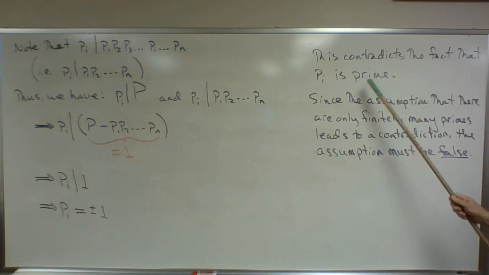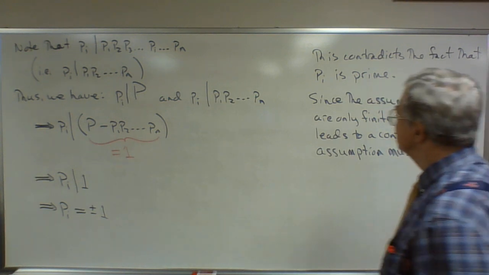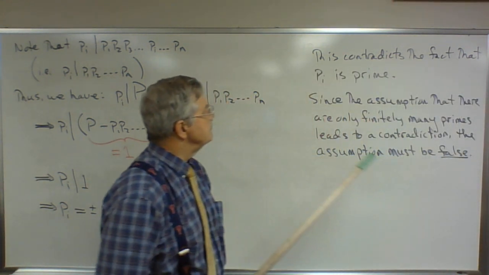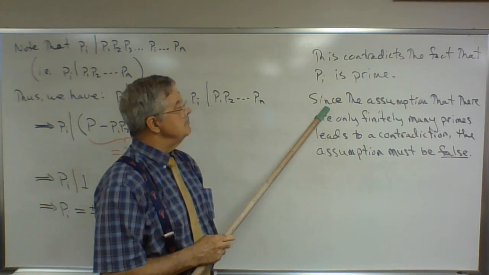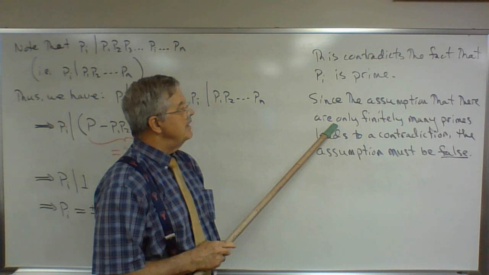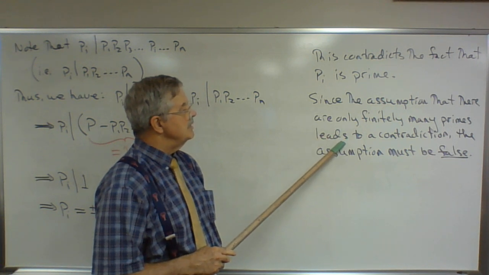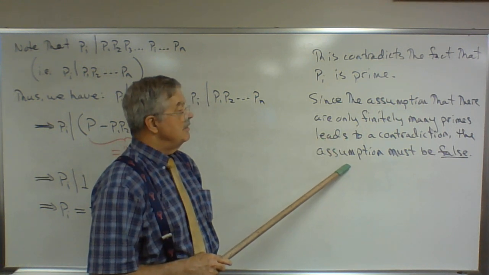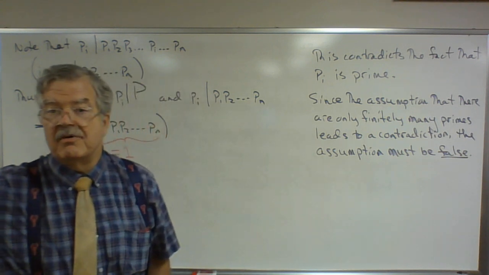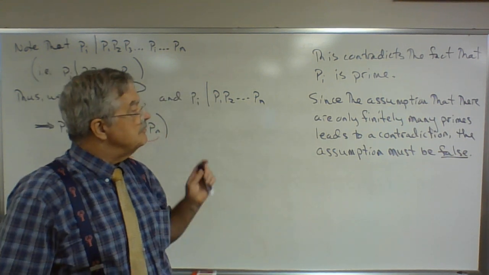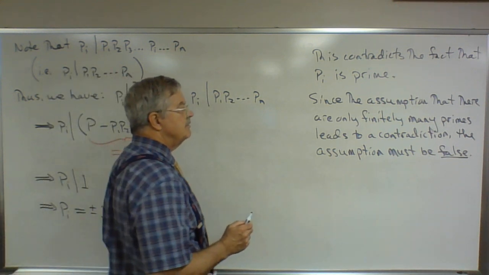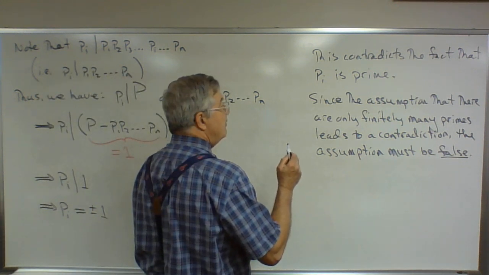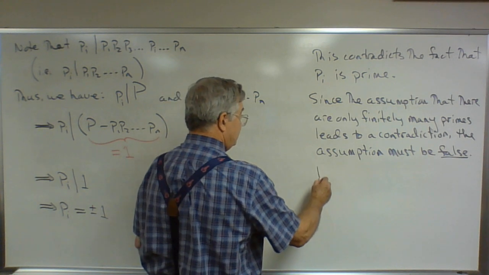Well, how did we come upon this contradiction in the first place? Here's how, and we state it formally. Since the assumption that there are only finitely many primes leads to a contradiction, the assumption must be false. The assumption that there are only finitely many primes leads to a contradiction. That assumption has to be false.